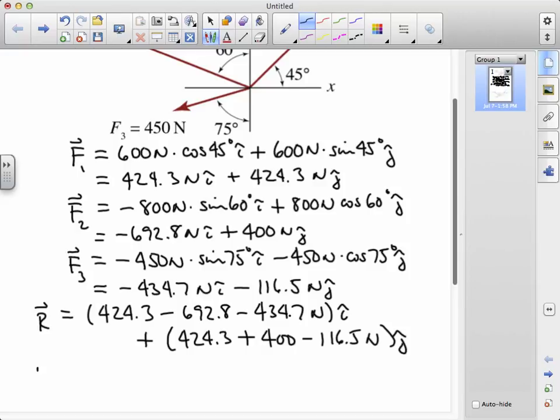And those results turn out to give us a resultant that's equal to minus 703.2 newtons in i plus 707.8 newtons in j.